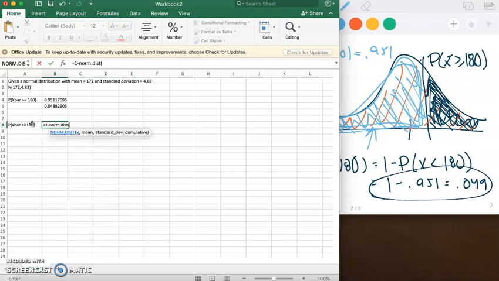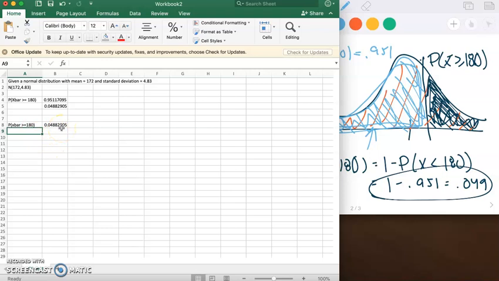If you already know what you're doing, you can put in 180 comma 172 comma 4.83 comma true. So that's about 0.049 when it rounds.